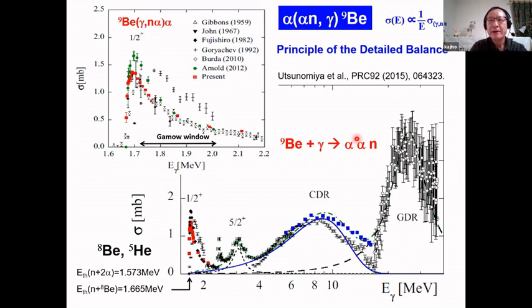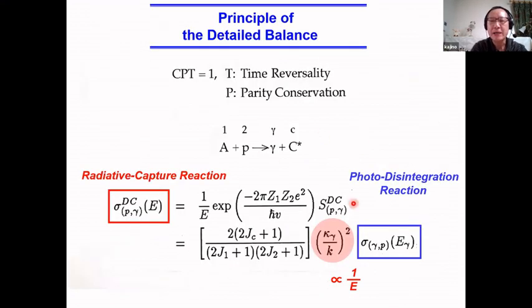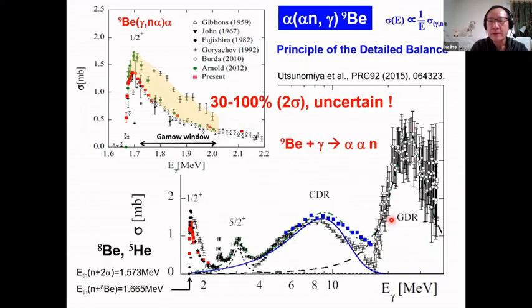However, by using the principle of detailed balance, we can use the gamma photodisintegration cross-section to determine the forward reaction cross-section. The gamma window energy for the r-process is here, at very low energies. And here, unfortunately or fortunately, there is still 30 to 100% uncertainty.